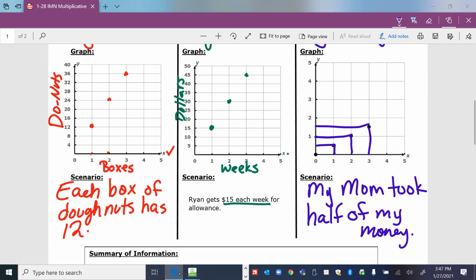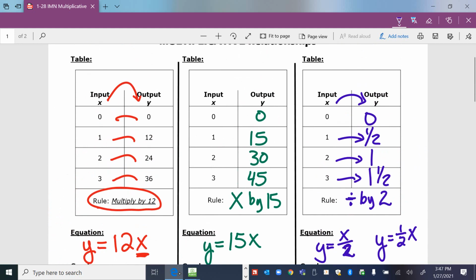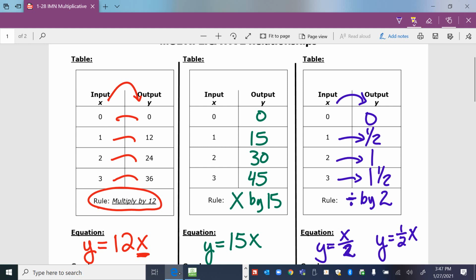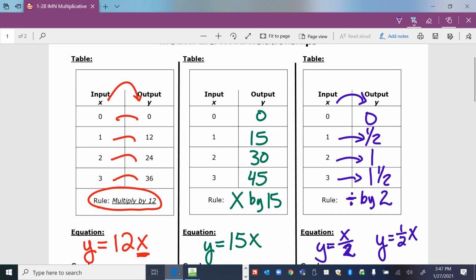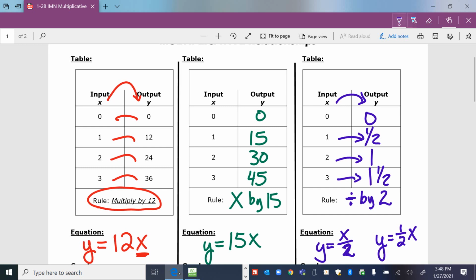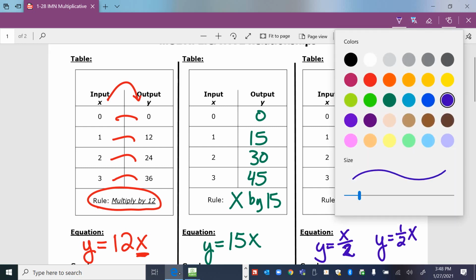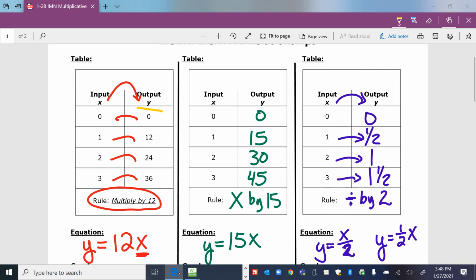So, a summary of information. When we're looking at multiplicative, one thing I've noticed in the tables is that I get 0, 0 in all the tables.